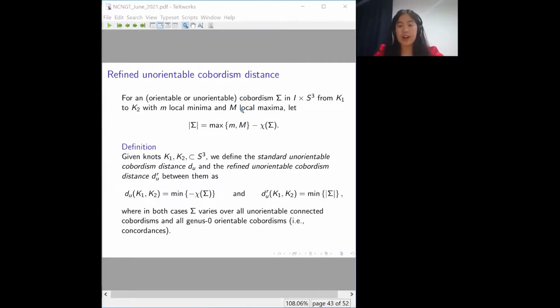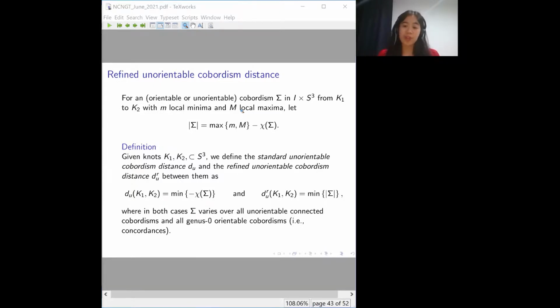For an orientable or non-orientable cobordism sigma from K1 to K2 with little m local minima and big M local maxima, we define the norm of sigma to be the maximum of little m and big M, minus the Euler characteristic of sigma. Then for two knots K1 and K2, we define the standard unorientable cobordism distance to be the minimum of the negative of the Euler characteristic of sigma, where sigma varies over unorientable connected cobordisms from K1 to K2 and genus 0 orientable cobordisms, that is, concordances.